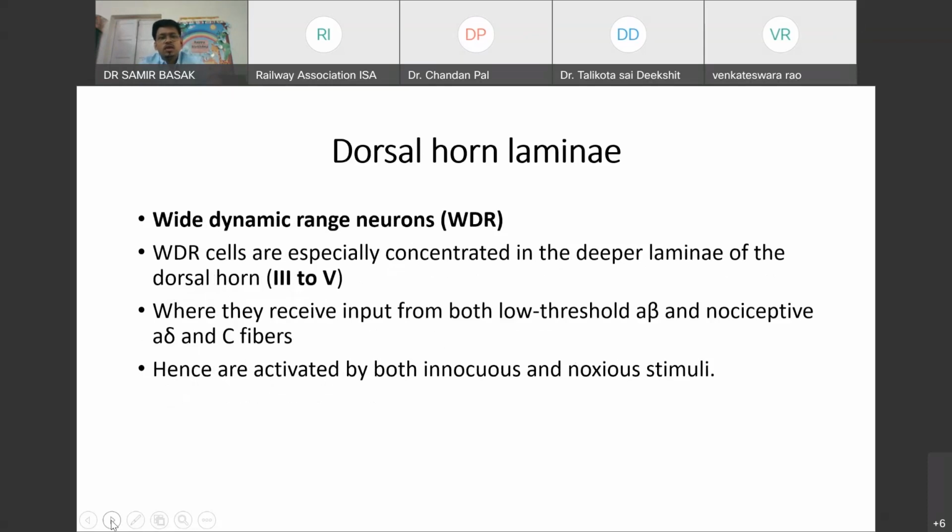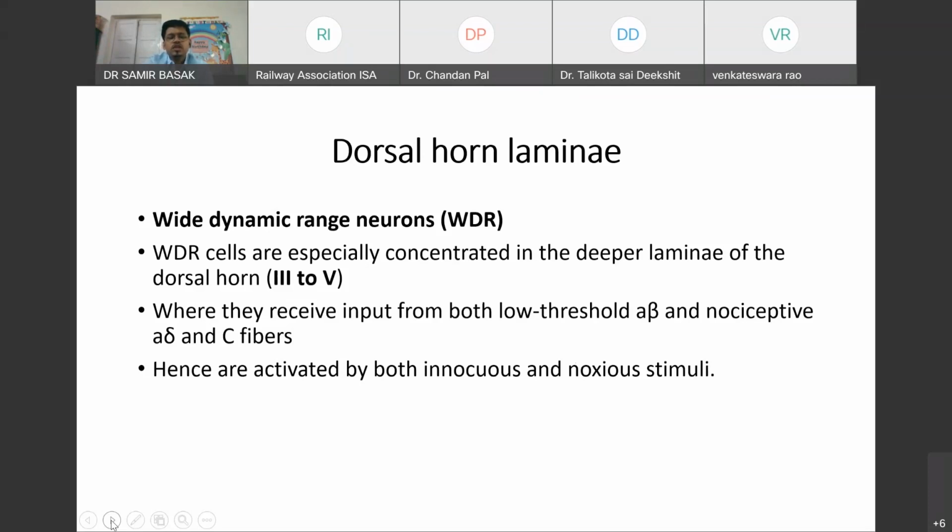While coming to lamina 5, there are the wide dynamic range neurons. They are concentrated in the deeper laminae. They carry A beta, A delta and C fiber input. So non-noxious and noxious stimulation are both merged here.